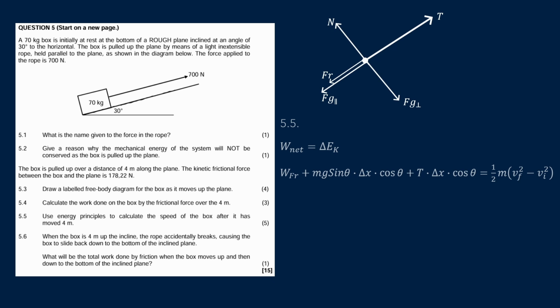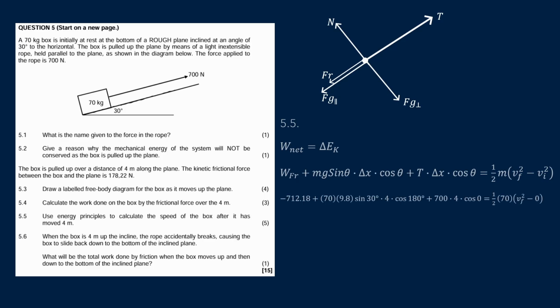As for Fg parallel, I know that Fg parallel is given by mg sin theta, and the change in x is there, and the cos theta for work, plus the tensional force, change in x again, and again cos theta, that is the work done by tension. And they are all equal to 1 over 2 m times Vf squared minus Vi squared.